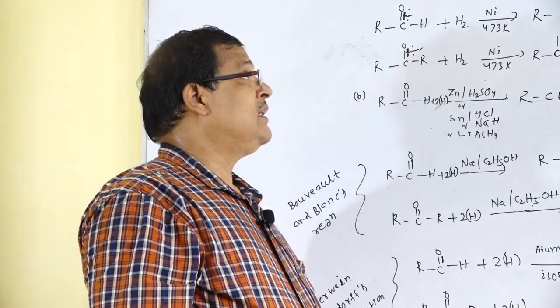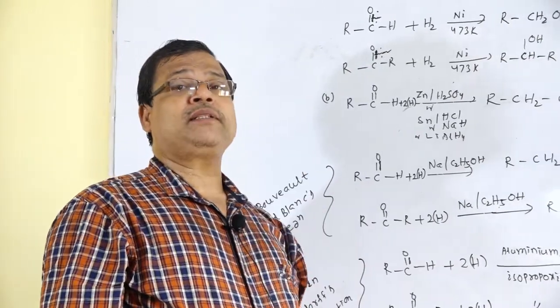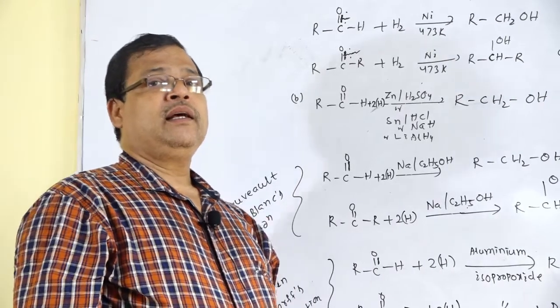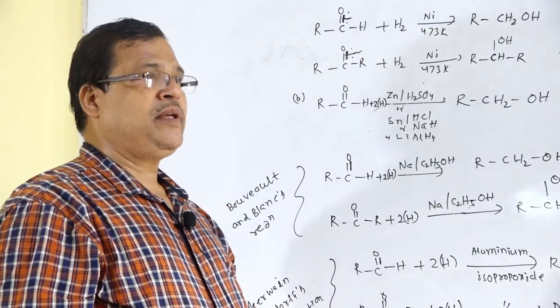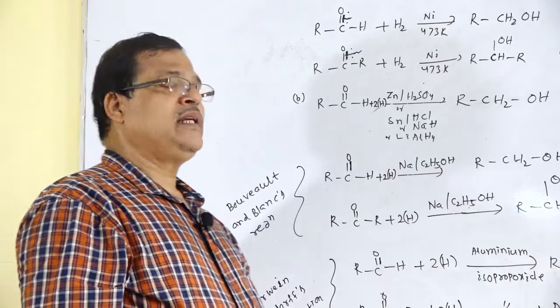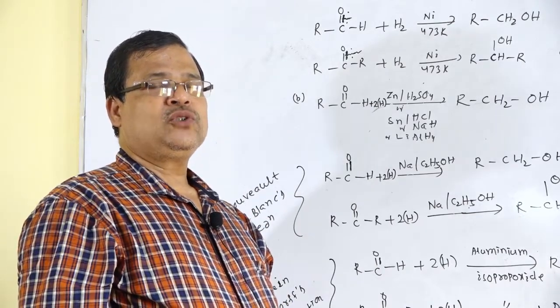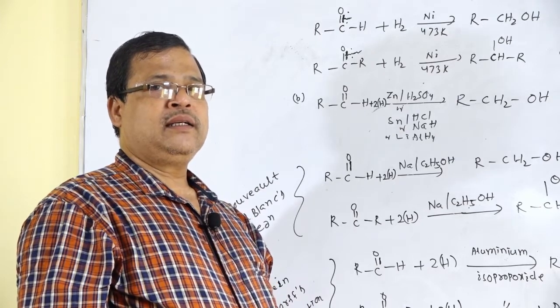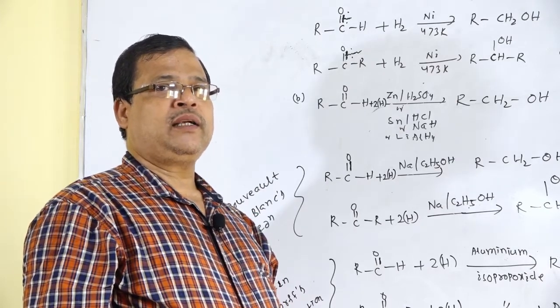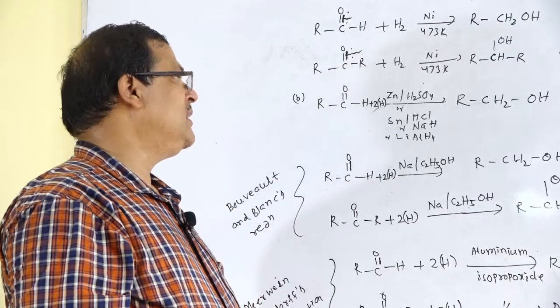And if we take the reducing agent nickel, in presence of nickel at 473 Kelvin, or we can take reducing agents like zinc and sulfuric acid, tin and HCl, sodium hydride, LiAlH4 lithium aluminum hydride, these are the chemical reducing agents.